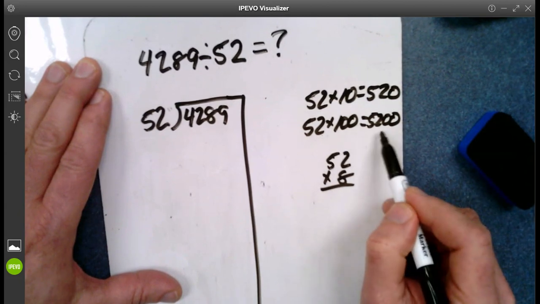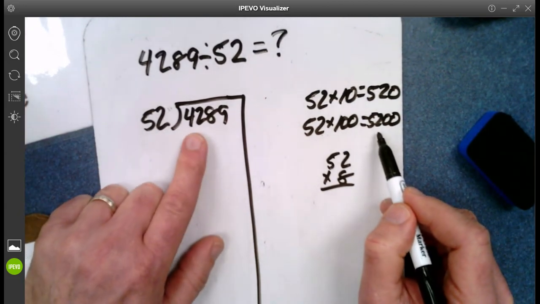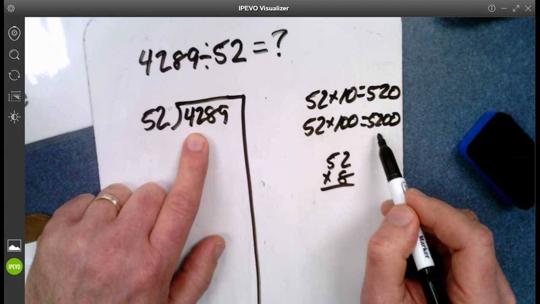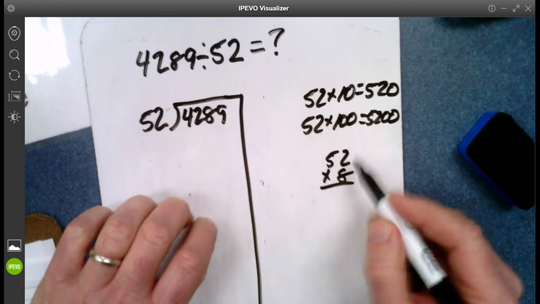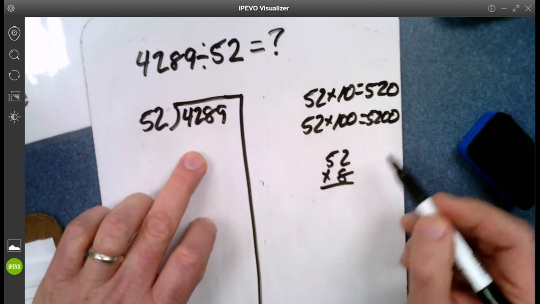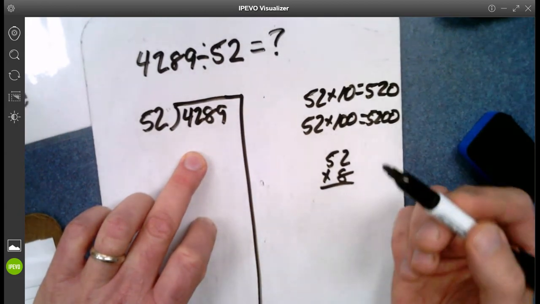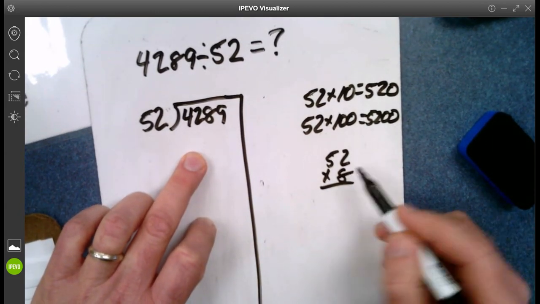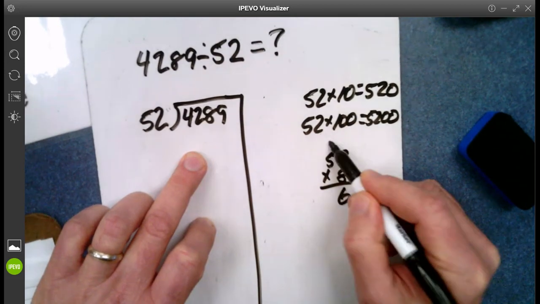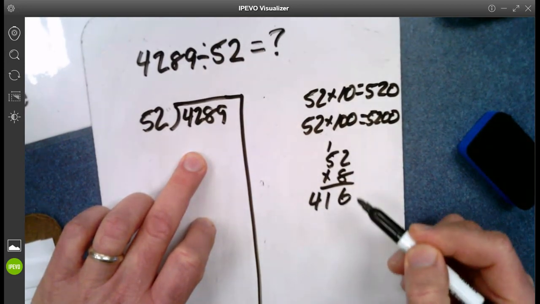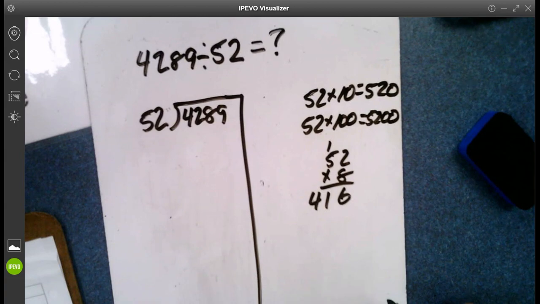And I knew I wanted to get close because 5,200 is kind of close to 4,289. So they're only about 1,000 off. So I want to get closer than 520, but I could just do 520. So I just want to see. So 8 times 2 is 16. 5 times 8 is 40. Okay, so check this out.